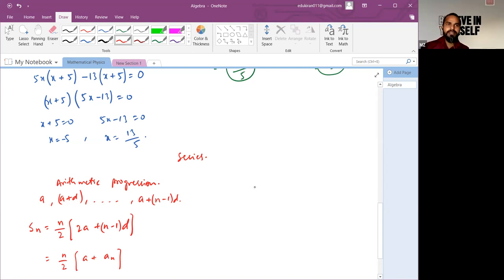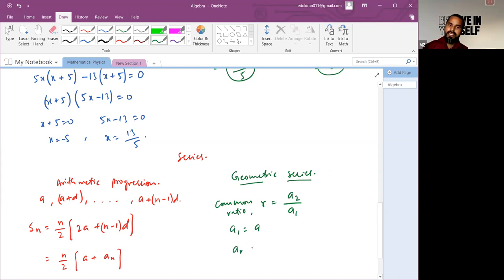Similarly, we have another series called a geometric series. Like in this AP we had D, which is called the common difference, in a geometric series we define a term called the common ratio, represented by R, which equals the next term divided by its previous term. The first term would be A and R the common ratio.